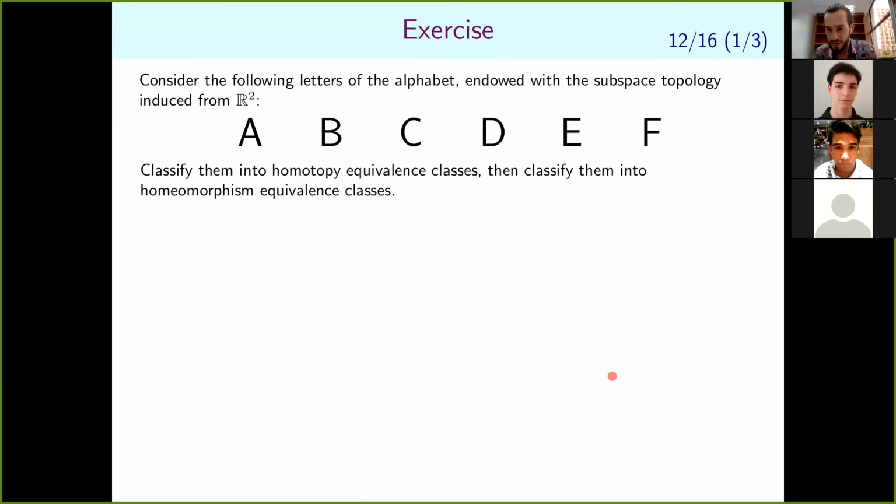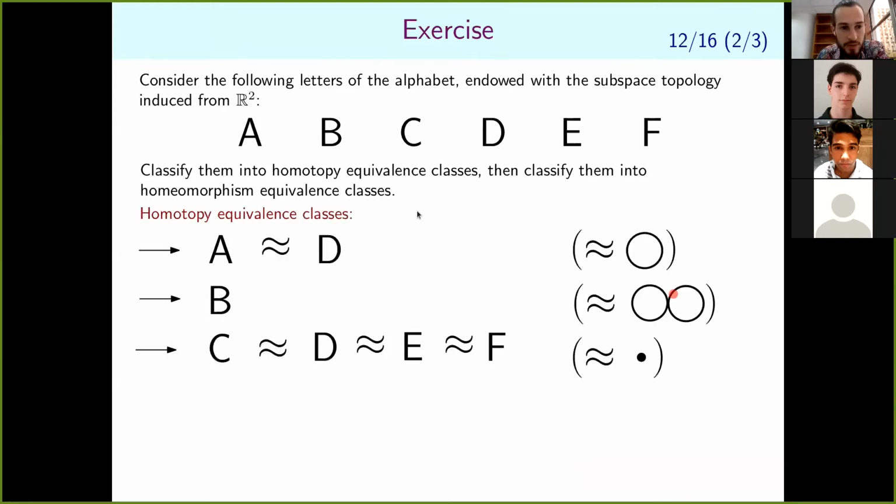All right. Almost everyone is right in the chat. Homotopy equivalence classes, we have 3 of them. We have actually 3 types of topological spaces: the point, the circle, and the double circle, the bouquet of 2 circles.